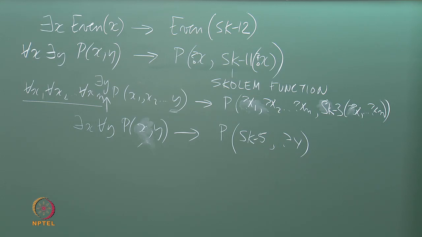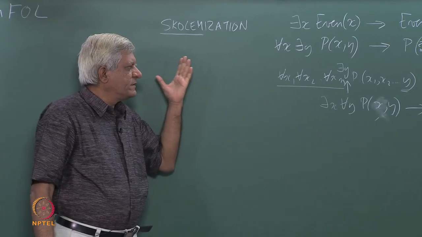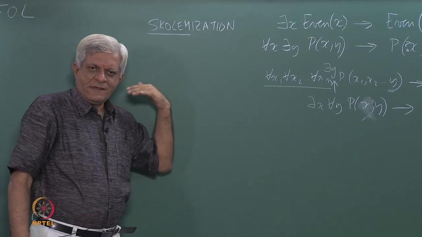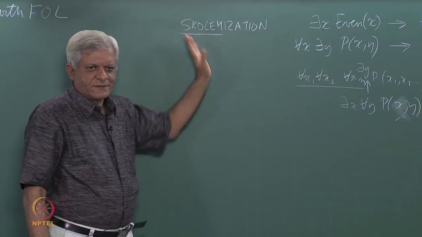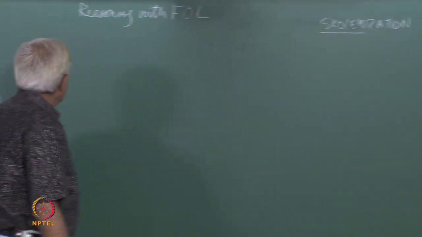So, this entire process of converting a sentence into implicit quantifier form, nowadays we call it Skolemization, after this logician Skolem essentially.